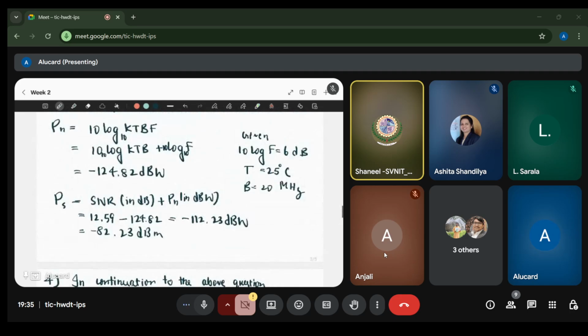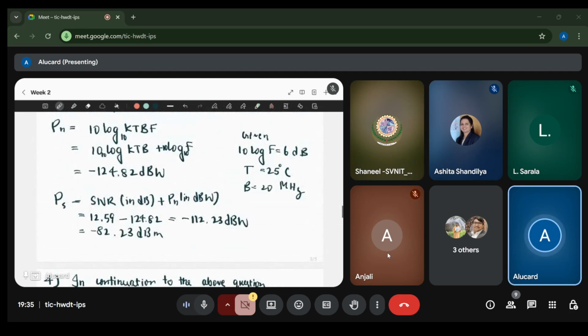It is 82. I think what has happened is they have copied the question without changing the parameters, but the options they have changed.